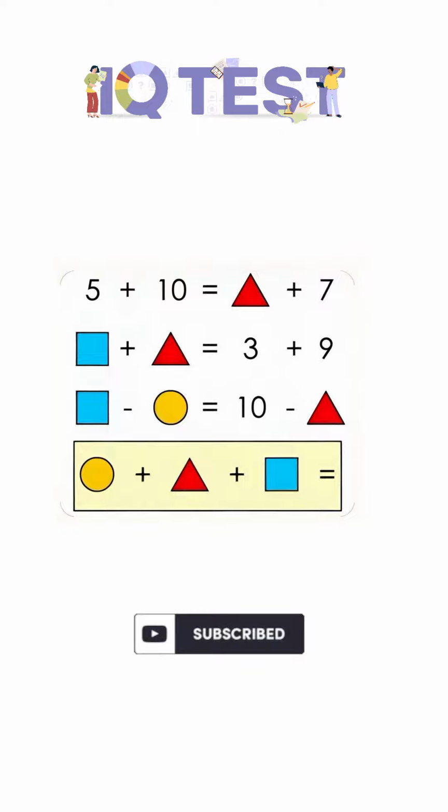So the next one is the orange circle. So what do we have for the orange circle? You are getting 2. So the blue one is 4 minus the orange, which is x, is equal to 10 minus the red triangle, which is 8.